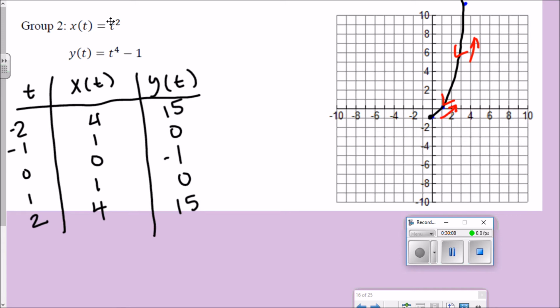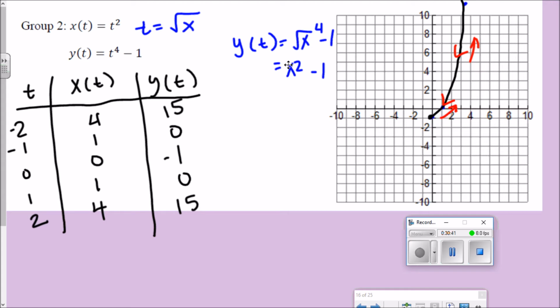So I'm going to solve for t, and to solve for t, I'm going to square root x. So this is going to end up with t is equal to the square root of x. Once I have that, I can plug it into the next equation. So instead of t in the next equation, I'm going to have the square root of x. Okay, so there's that one. And then there's another way to do it as well.